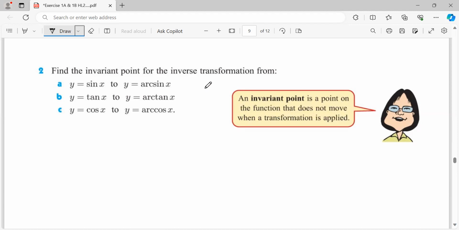So, for example, if you sketch a graph of sine x and arcsine x, the graph of sine x will be like this, through the origin.